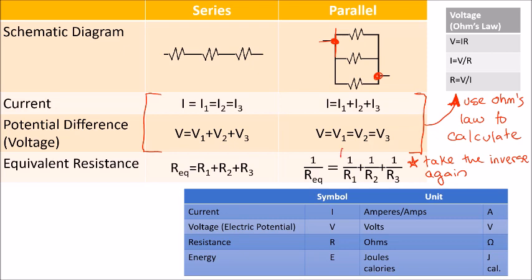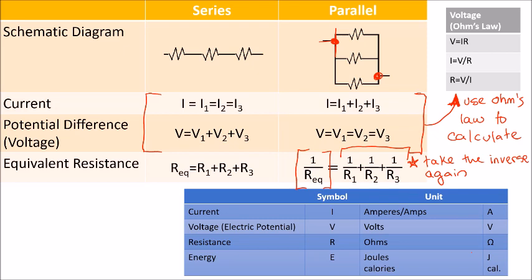Because if we add all of the resistances as fractions, we don't get the equivalent resistance. We get 1 divided by the equivalent resistance. But 1 divided by our equivalent resistance is not the final answer.